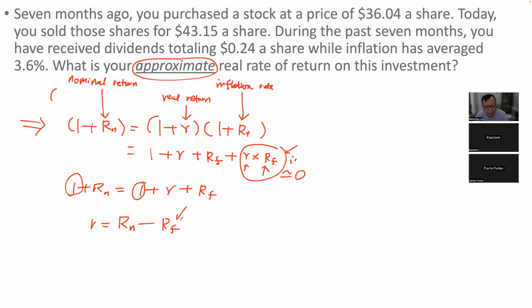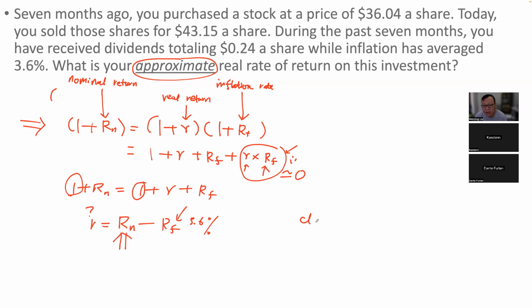We know this number is 3.6%, and we want to know what's my real return. So now the question comes down to finding your nominal return. This should be pretty straightforward. Your return includes two parts.